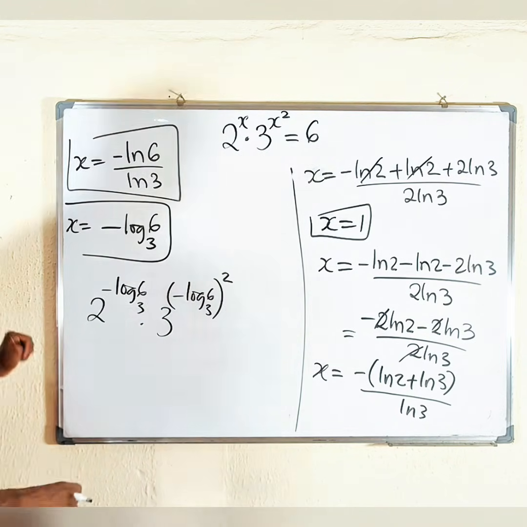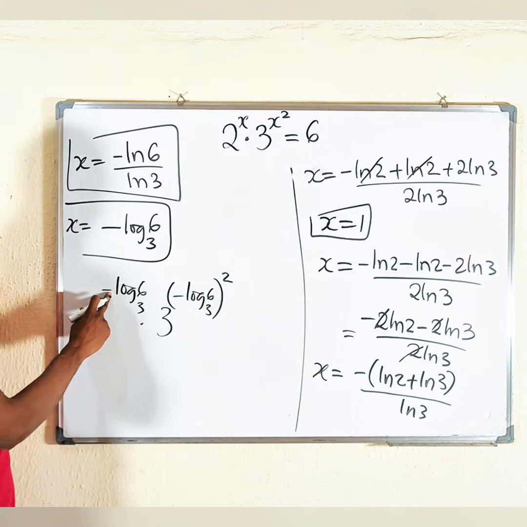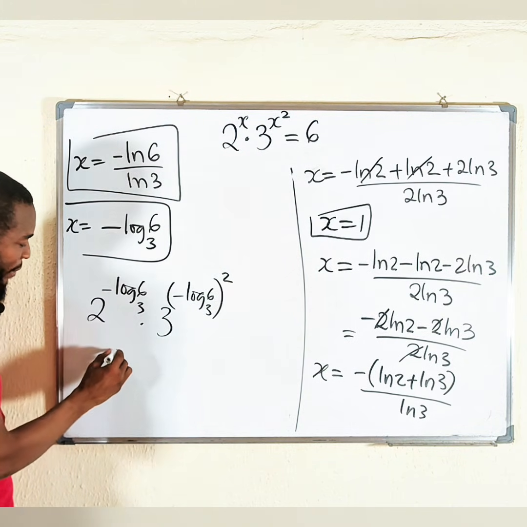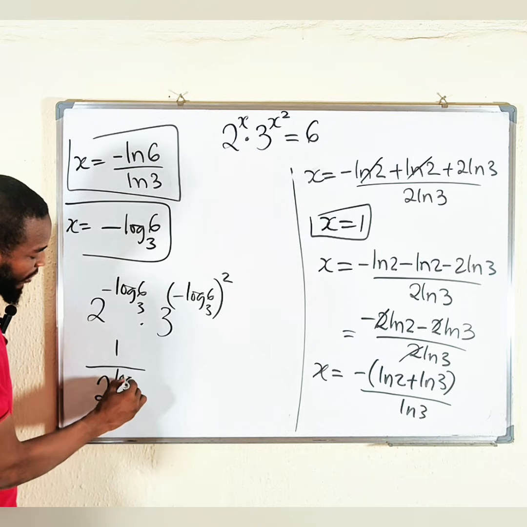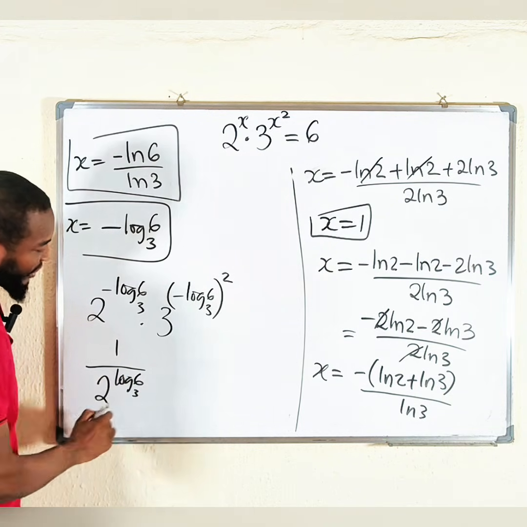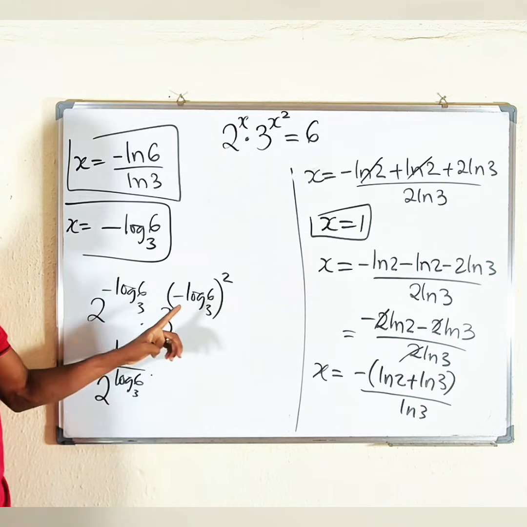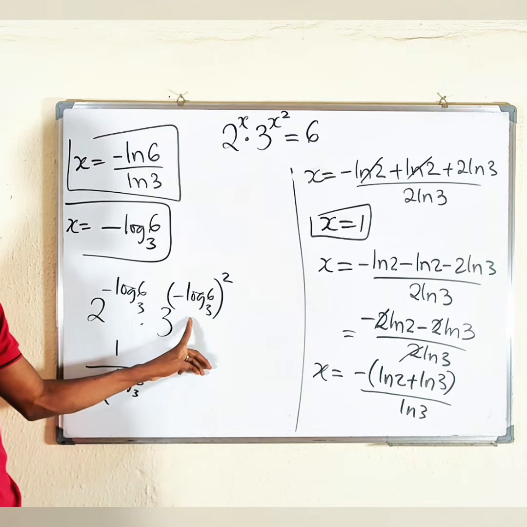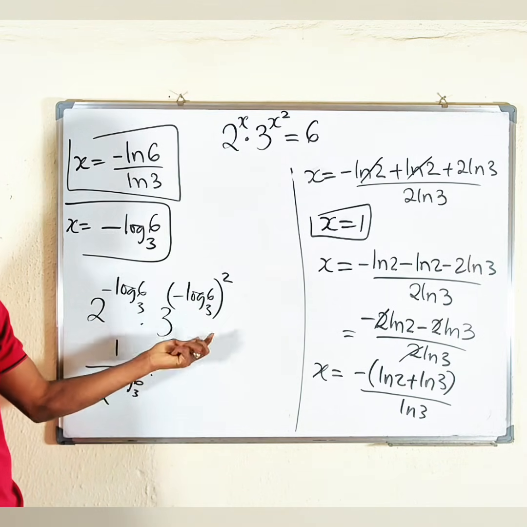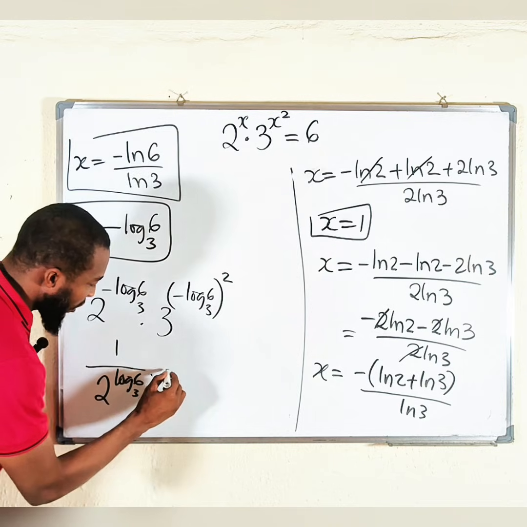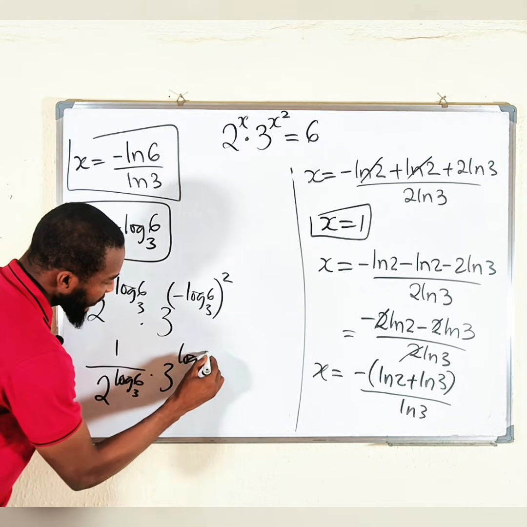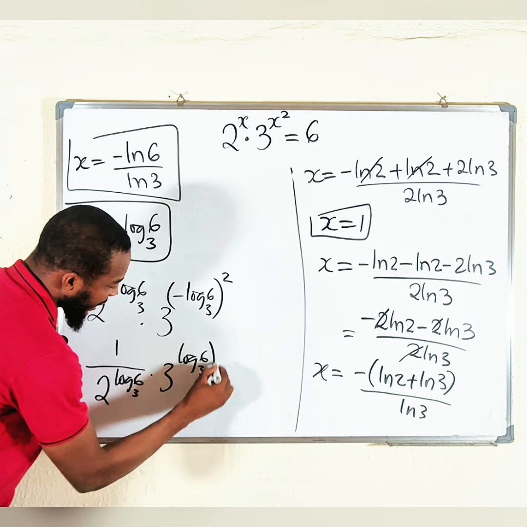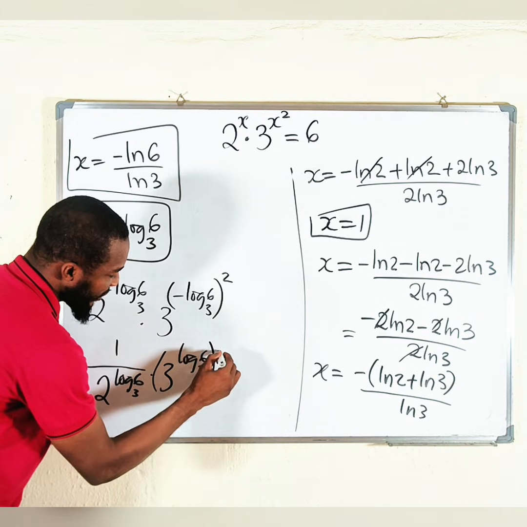So let's simplify this and see. You can remove this negative sign and take the reciprocal, right? So it becomes 1 divided by 2 times the positive version, log of 6 base 3, multiplied by, this is going to give us twice the value, but negative squared is positive. So we have this one squared. This is 3 to the power of log of 6 base 3. I can even put a bracket here and repeat the other one.